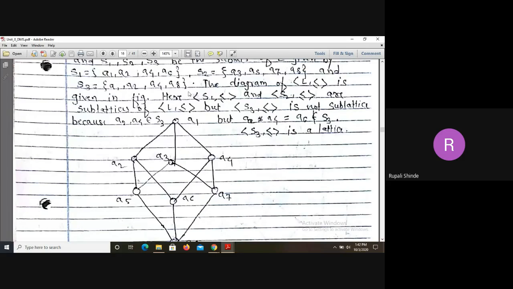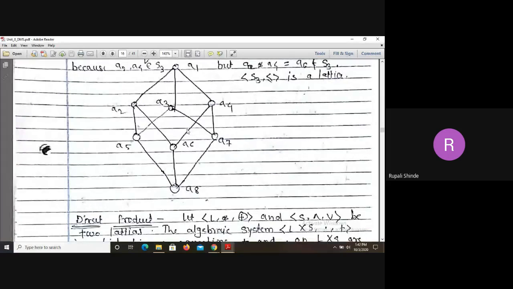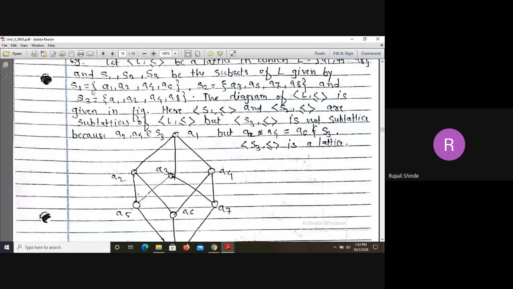They have given one lattice which consists of a total of 8 elements, A1 to A8, and three sets are given: S1, S2, S3. Elements are mentioned here. From this we have to recognize whether S1, S2, and S3 are sublattices of the given lattice or not.